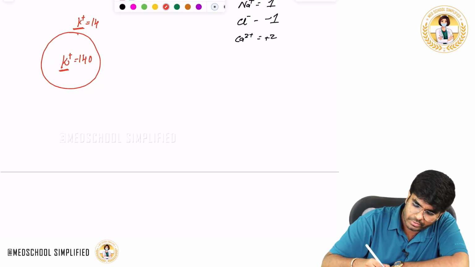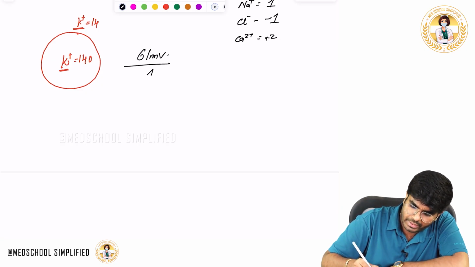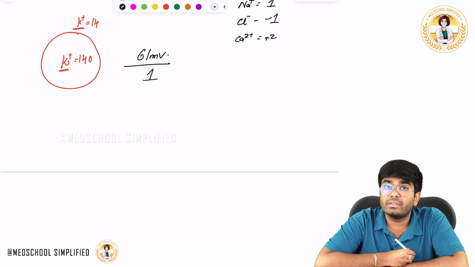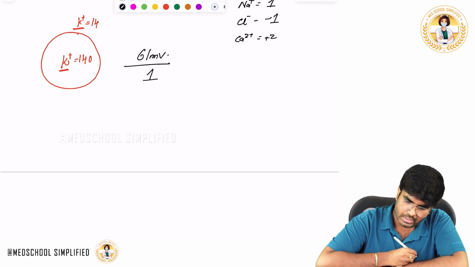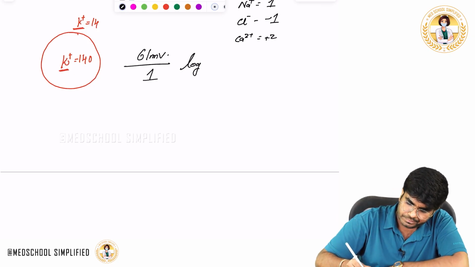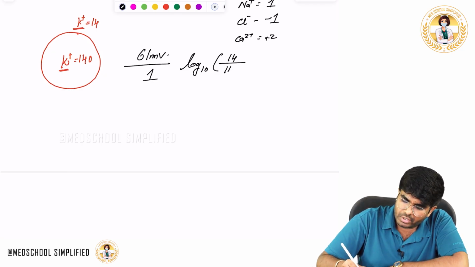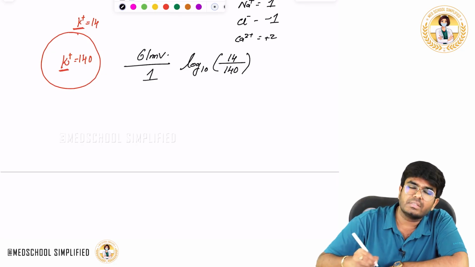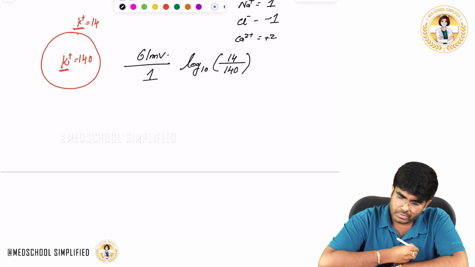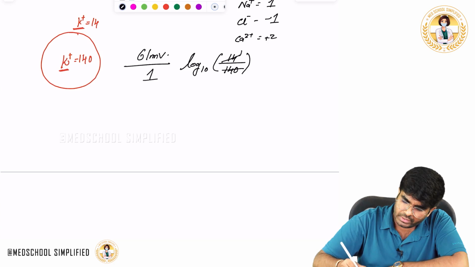So the formula, you know it, 61 millivolts divided by Z. Here what is the valency? Potassium means K plus, so valency is plus 1. Log base 10 of the concentration of ion outside the cell divided by the concentration of ion inside the cell. So it will become 14 over 140, which is 1 by 10.